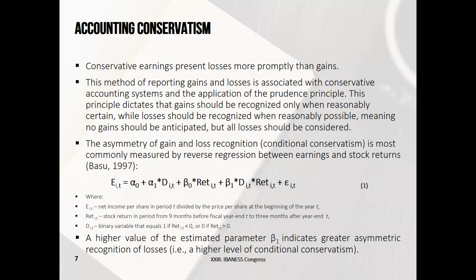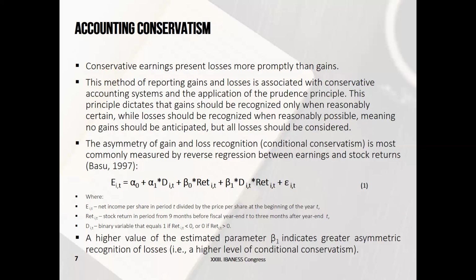Conditional conservatism specifically refers to asymmetric recognition of economic news, losses versus gains. We measure conditional conservatism by using Basu's regression model linking earnings with stock returns. Specifically, it tests whether accounting earnings more quickly recognize negative economic news, bad news, compared to positive news.